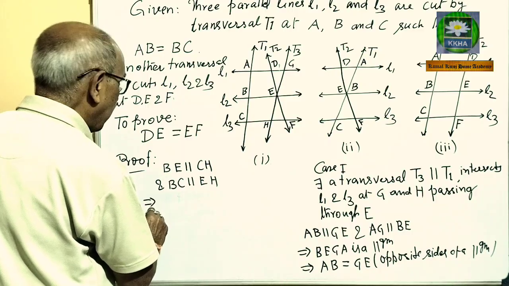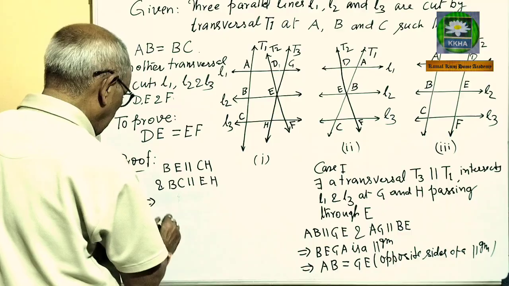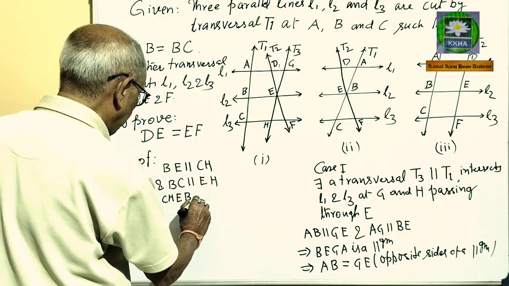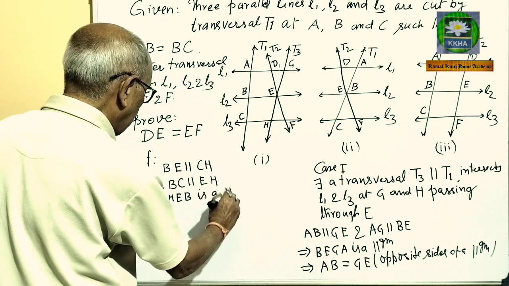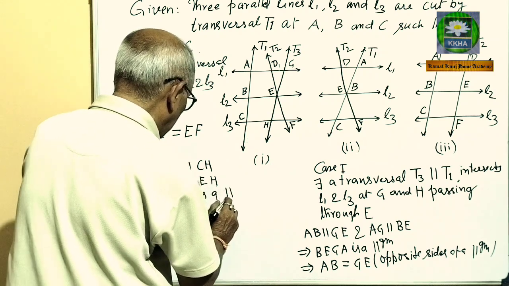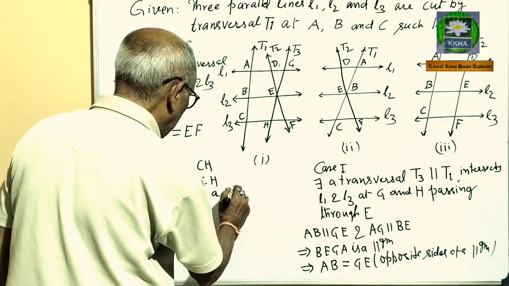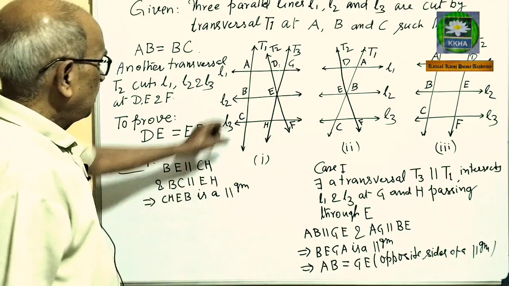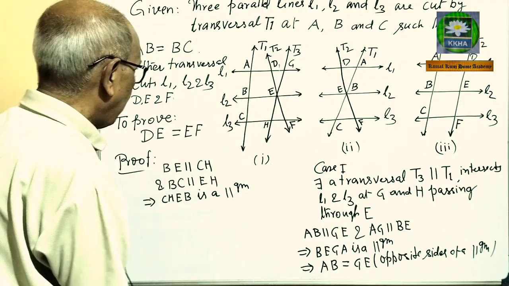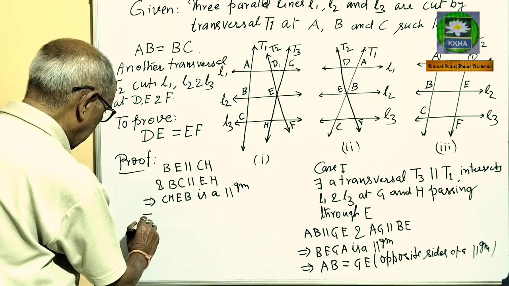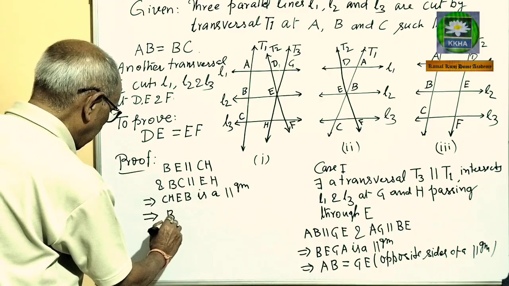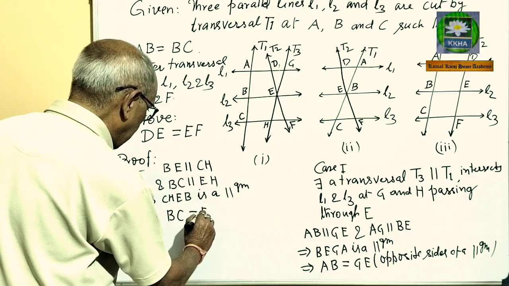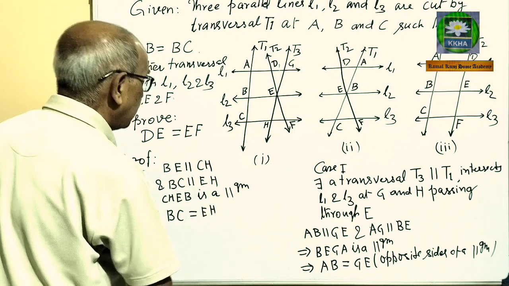Therefore, CHEB is a parallelogram. Hence, BC will be equal to EH.